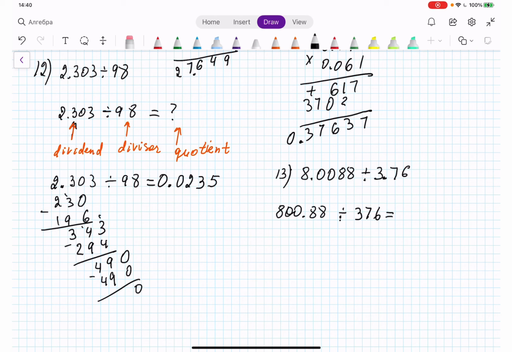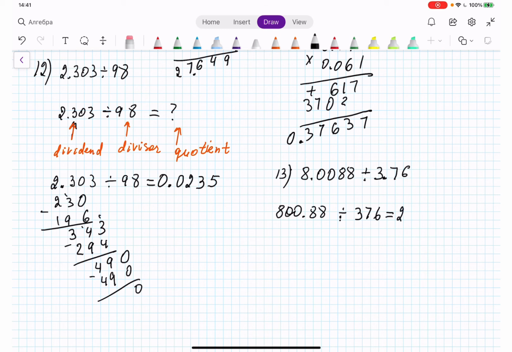So 8 is not divisible by 376. 80 is not divisible by 376, so we end up with 800. So if I take 800 divided by 376, what am I going to do? I'm taking the first number 8 and dividing by 3. It's going to go twice, right?